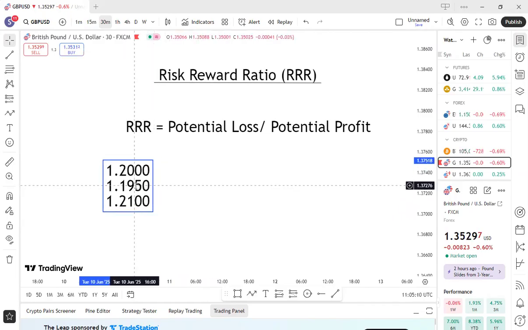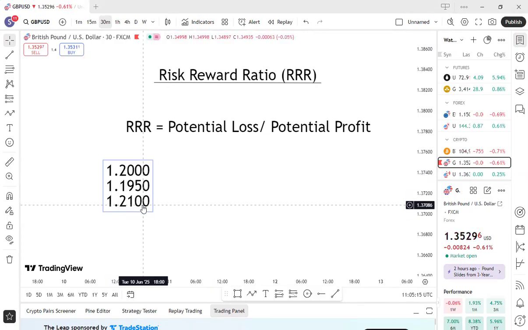All right. This is your entry position, this is your stop loss, and this is your target.